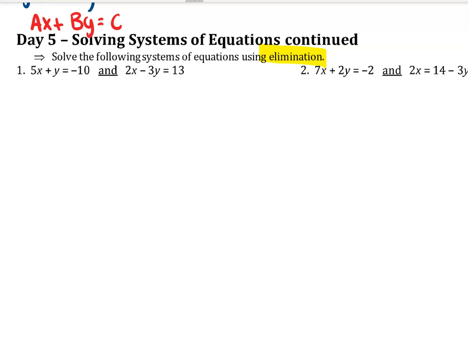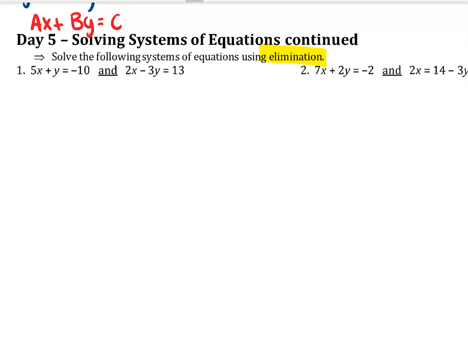The next step is to get opposite coefficients in front of either the x's or the y's. That means we would need 5x and 2x to be opposite, meaning if one was 5, the other would have to be -5. Or we could do it in front of the y's, positive y and -3y.